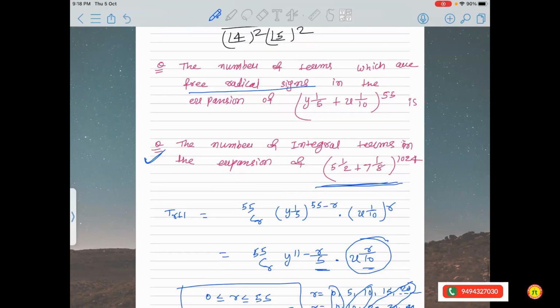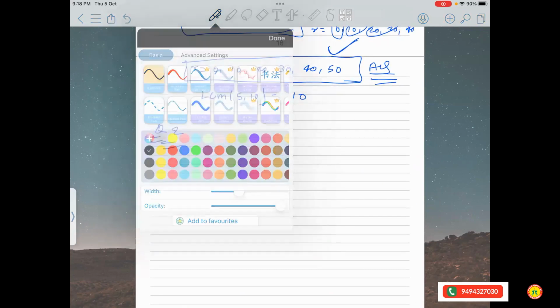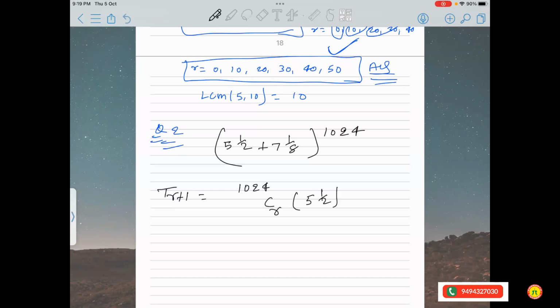So now for question number 2, how to answer this question? (5 power 1 by 2 plus 7 power 1 by 8) power 1024. So write down the (r+1)th term, the general term: 1024Cr, 5 power 1 by 2 to the power (1024 minus r), 7 power 1 by 8 to the power r, right?